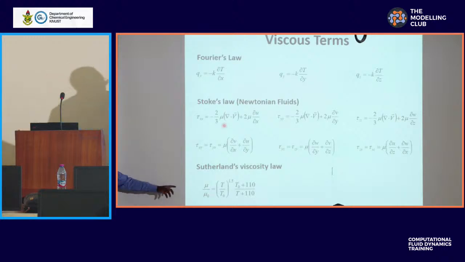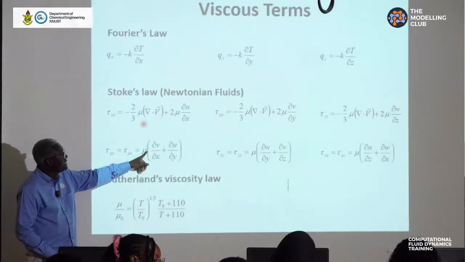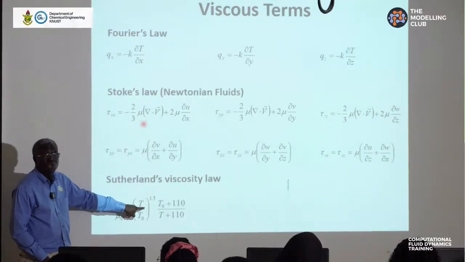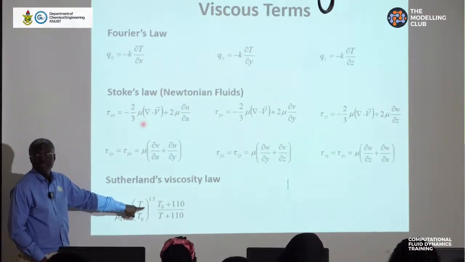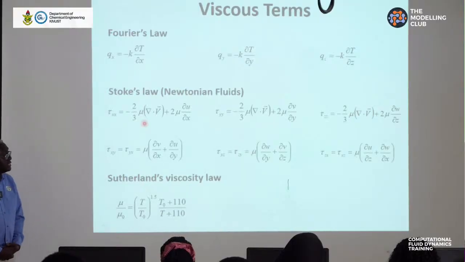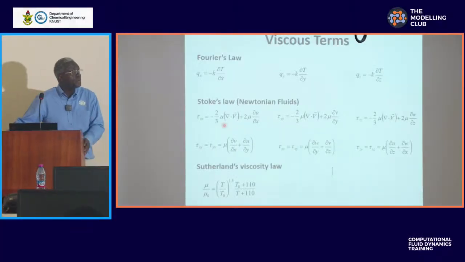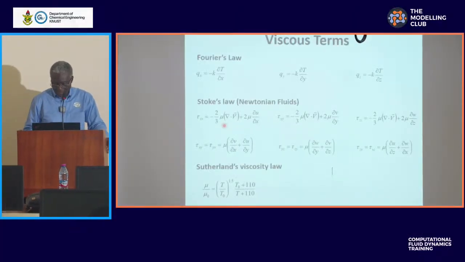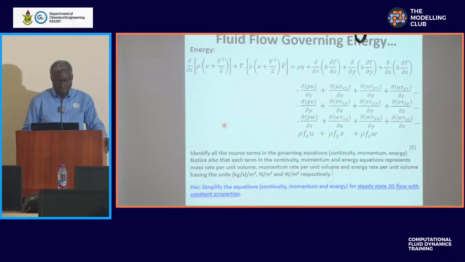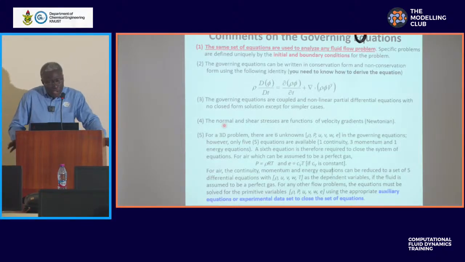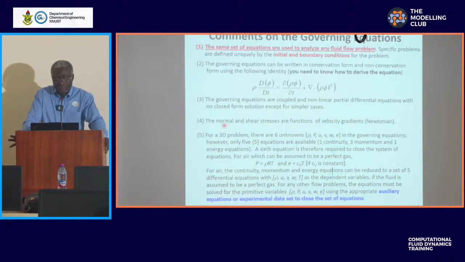For example, if you substitute velocity in your momentum equation, your viscosity is a function of temperature, so it makes the differential equation nonlinear. If your thermal conductivity is a function of temperature, it will also make the energy equation nonlinear. Your normal and shear stresses are functions of the velocity gradient, particularly for Newtonian fluids.